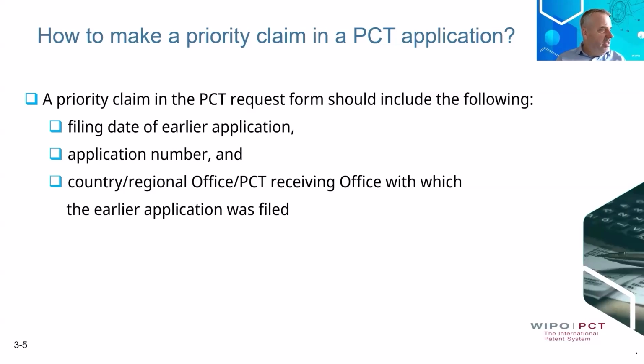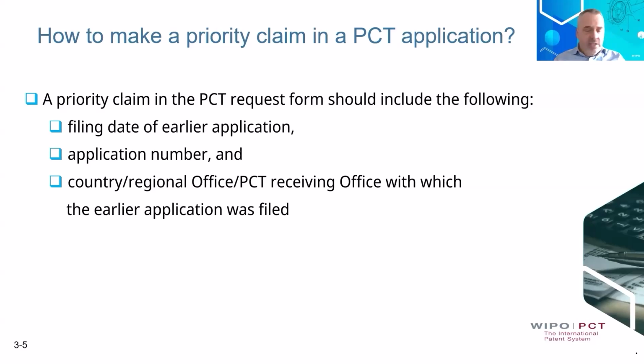Now, keep in mind, this is only the formalities of the priority claim. This does not necessarily say whether you have a valid priority claim substantively or a particularly good priority claim, because the receiving offices in the PCT system will only check these formalities that I just described. So whether you indicated this information and whether you also have a priority claim that is not older than 12 months from the filing date of your PCT application.